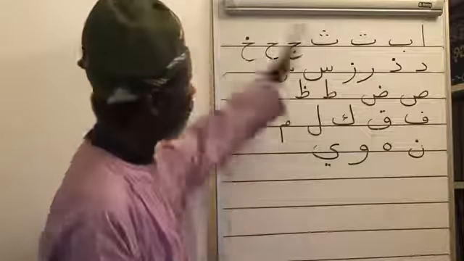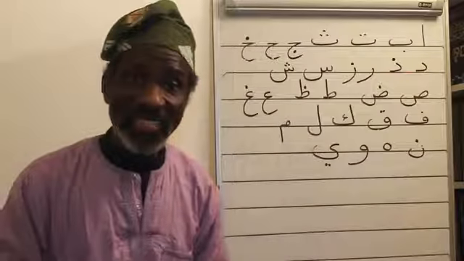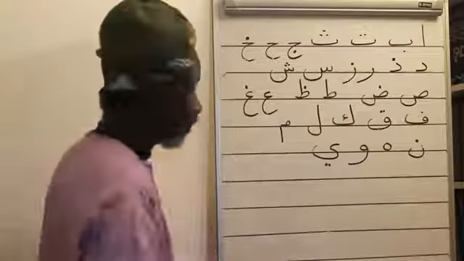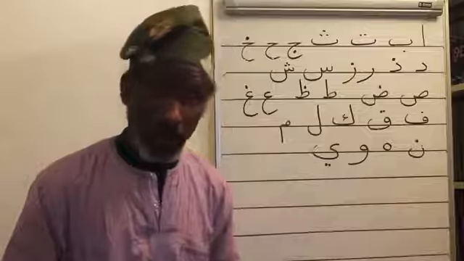Now, if we count them, there are 28 letters in the alphabet. Let's go through them. You have them on page 3 of the book.